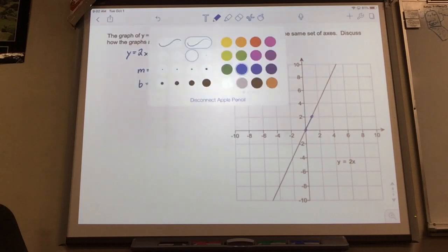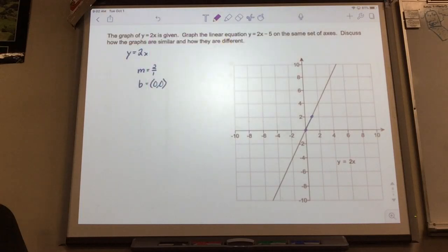Okay, now we've got a separate line right here. Y equals 2x minus 5. What is the only difference on that line? The 5, the minus 5. So the m is still going to be 2 over 1, but our b is going to change.